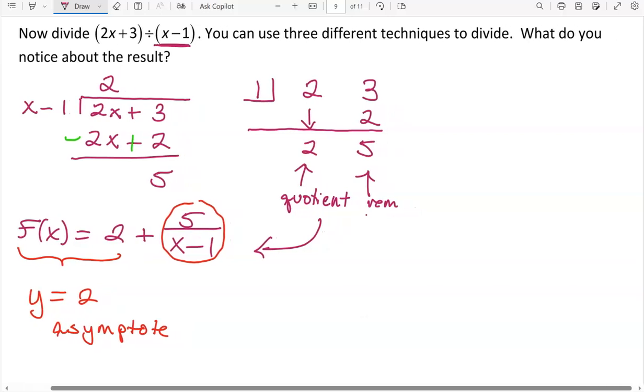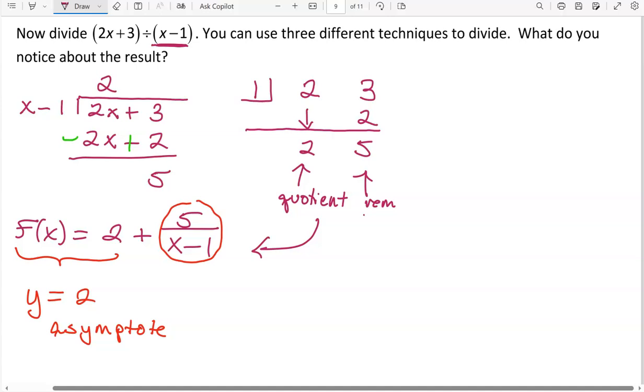There is a third method, and the third method is a little bit of sort of clever thinking. So (2x + 3) divided by (x - 1) would be evenly divisible if the numerator were, instead of 2x plus 3, 2x minus 2, because then 2x minus 2 would be factorable, and then we could just factor and cancel.